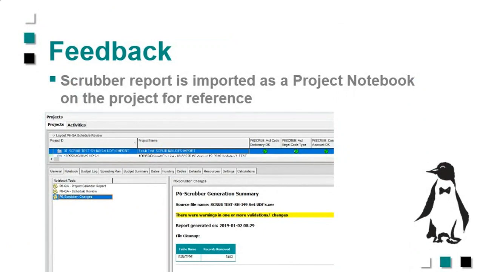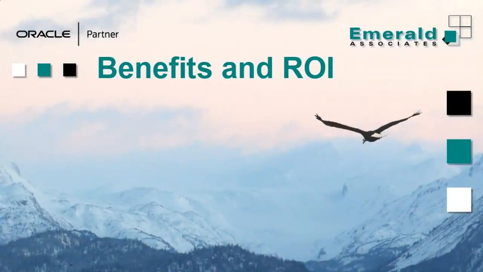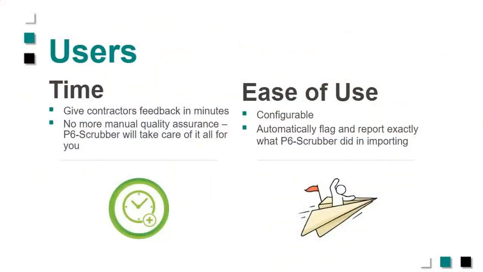So what we found from our clients' feedback is, of course, the ability to let someone know whether their schedule has some issues very quickly is important, especially if you're doing a lot of program management with multiple contractors providing schedule updates on a regular basis.